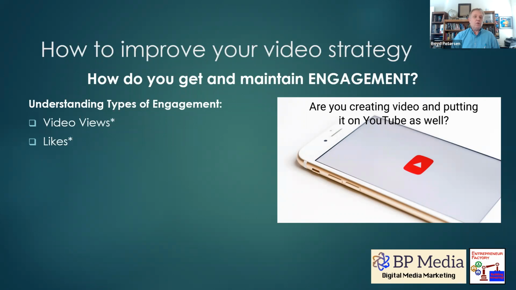Likes, if it's a video, you'll get pretty good likes, but if it's an image, you'll probably only get about 25. Okay, that means you're really engaged if you're getting 25. The next one is comments. Comments, you might get 10.